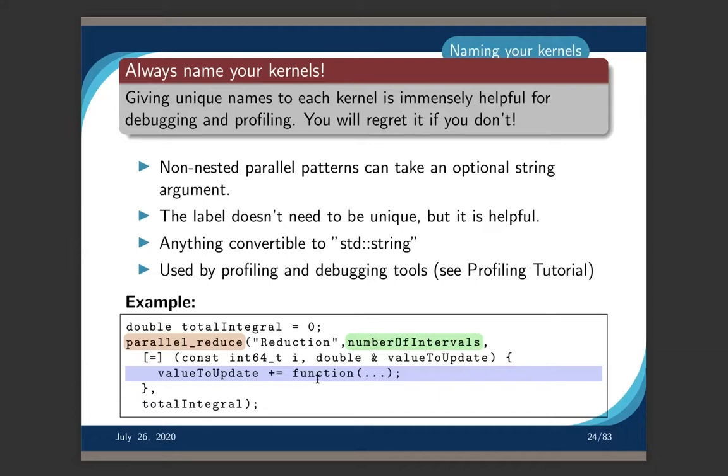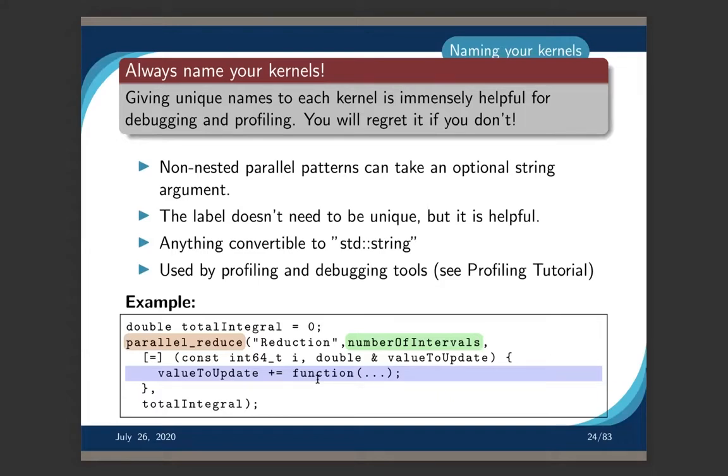The neat thing is that a number of common big tools now support the Kokkos instrumentation layer. Things like Tau or HPC Toolkit have built-in support for it. So if you name your things, these names show up in your profiles instead of some type ID, which is rather complicated considering the abstraction layers in there.